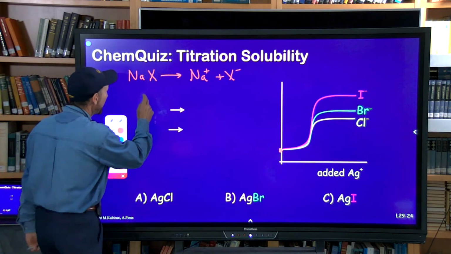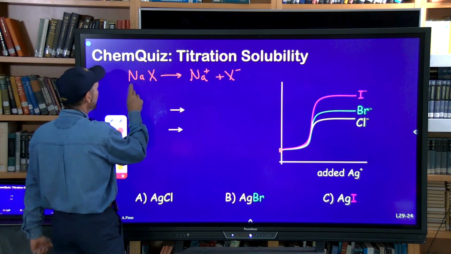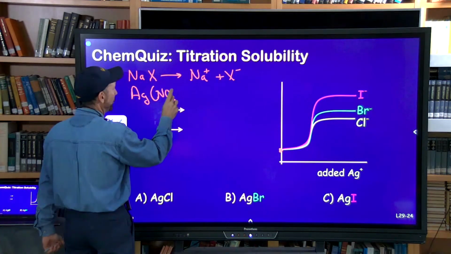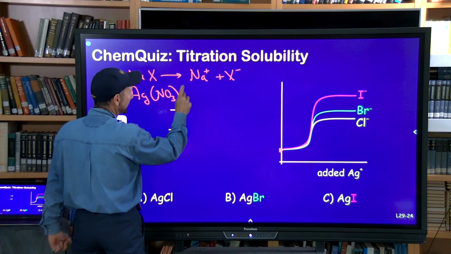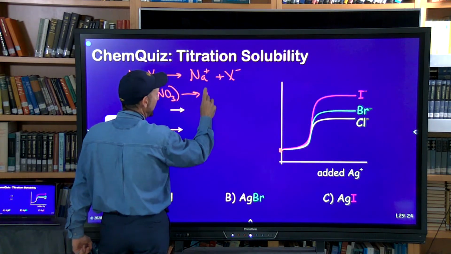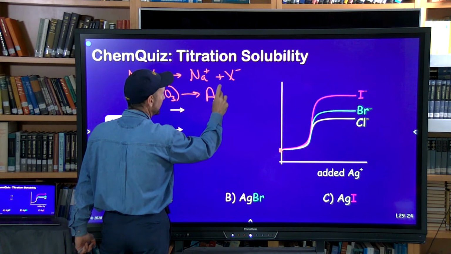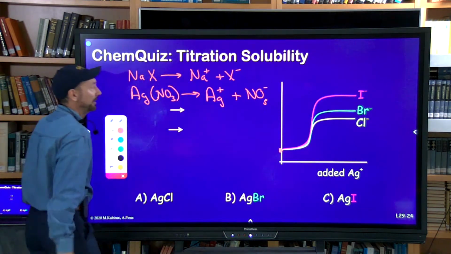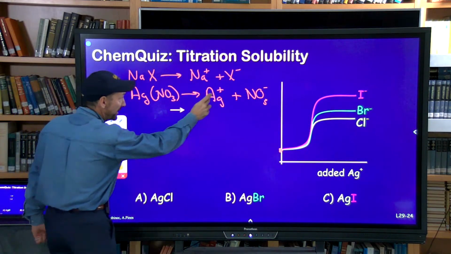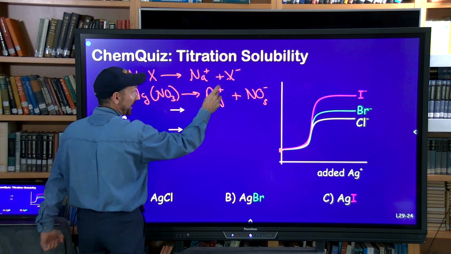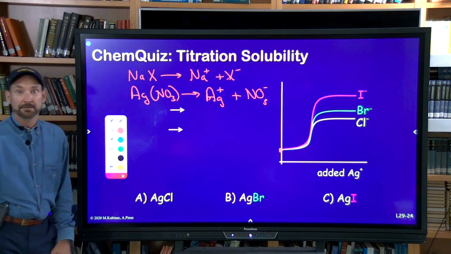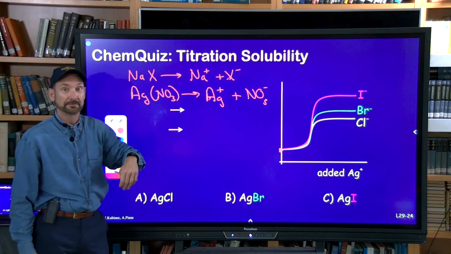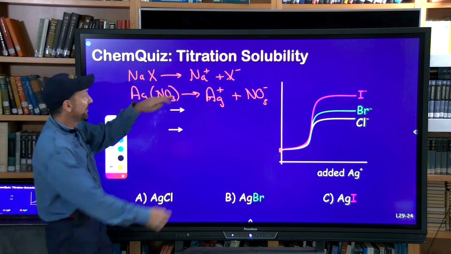And then you start adding silver nitrate, AgNO3, and you get Ag ions and nitrate ions. And now these two things are in solution together, the silver and the X ion.